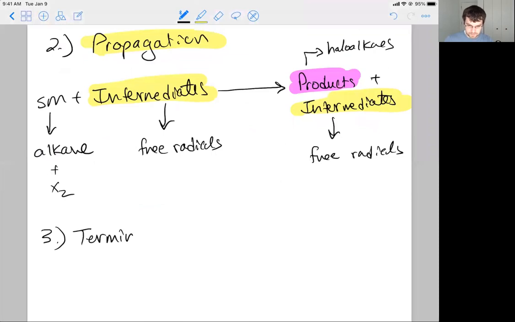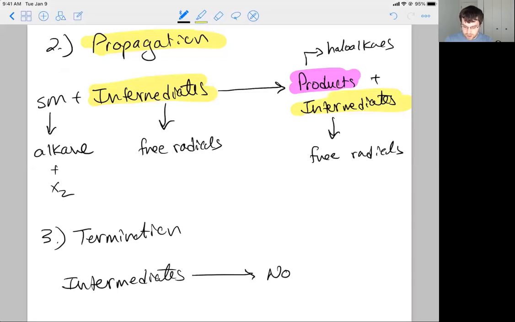Termination: we take intermediates and go to a state where there are no intermediates. It's kind of vague. Product can form, but we typically don't like to form product here because that leads to a complicated mixture of products.